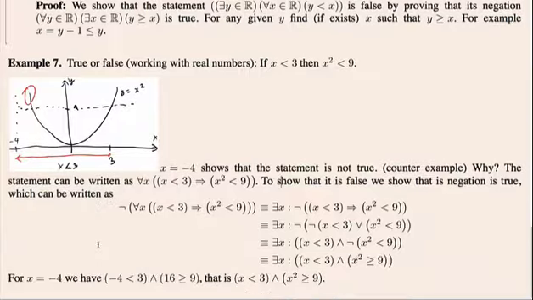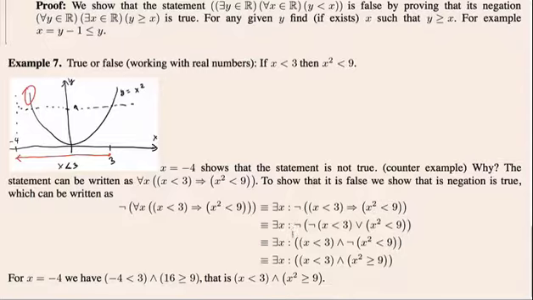And the reason we get a counterexample is because when we show that it is false, we can show it by showing that the negation is true. And the negation of this for all statement can be written as there exists an x such that it's not true that x is less than 3 implies x squared less than 9.